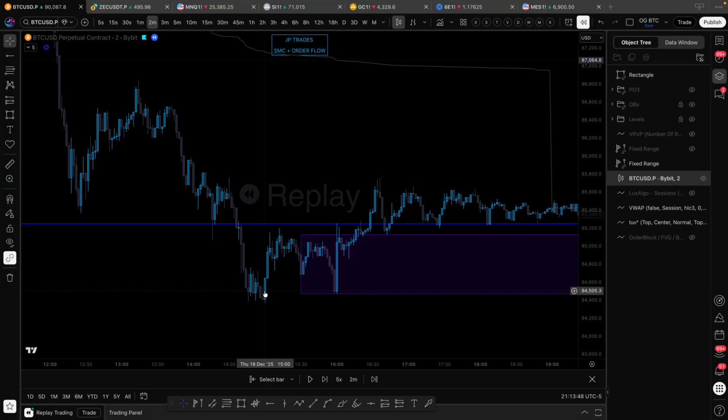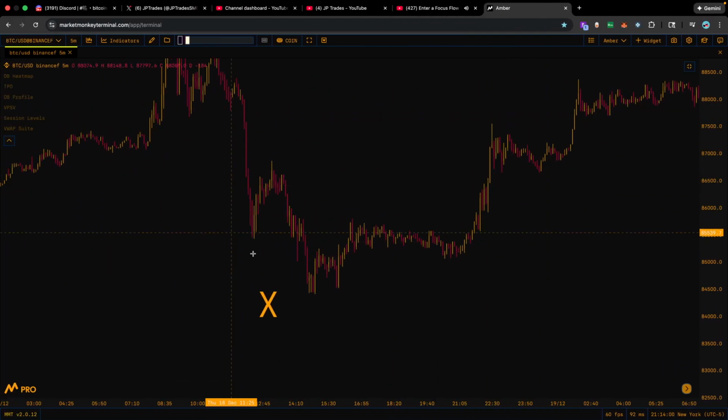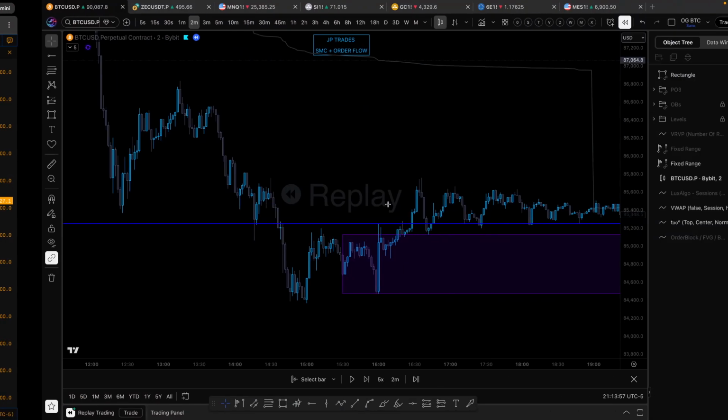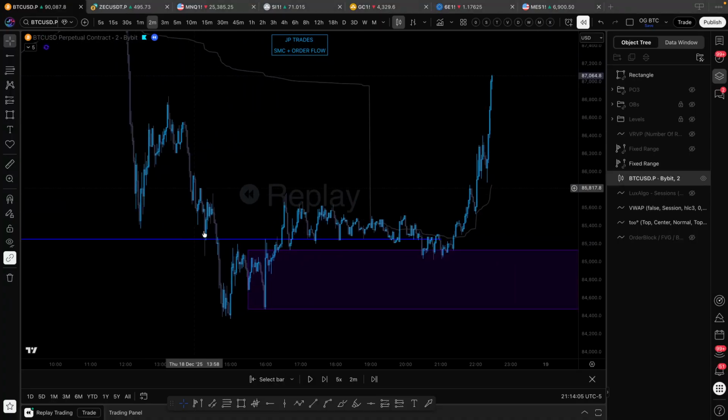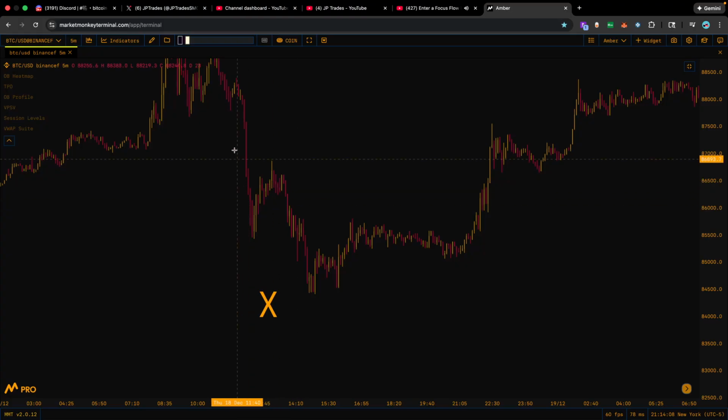Yeah, it is. However, we do have other tools that can go even deeper. And by that, I mean order flow tools. So as you see here, this structure piece here is this structure piece here, just on an order flow software chart.